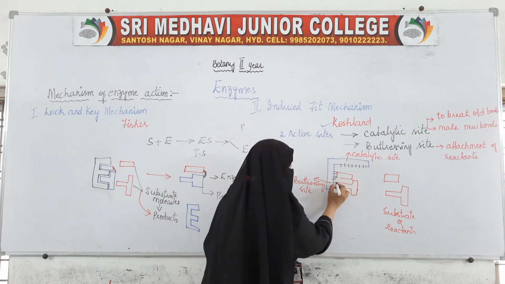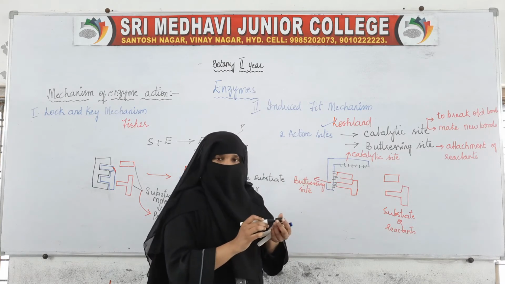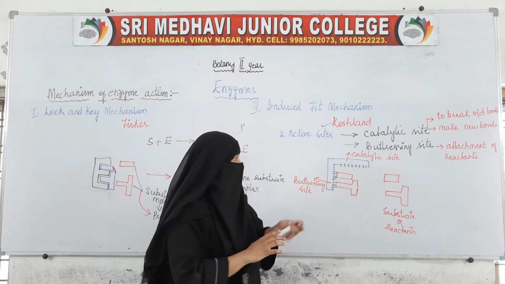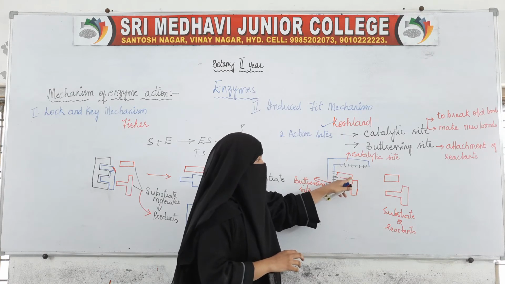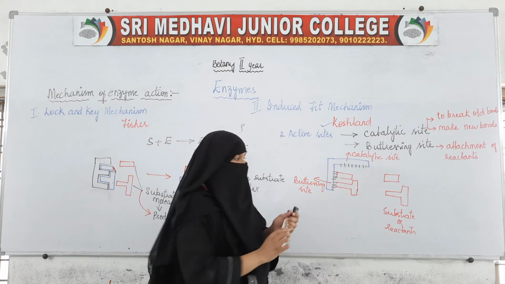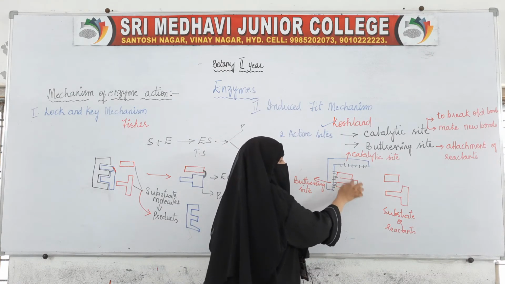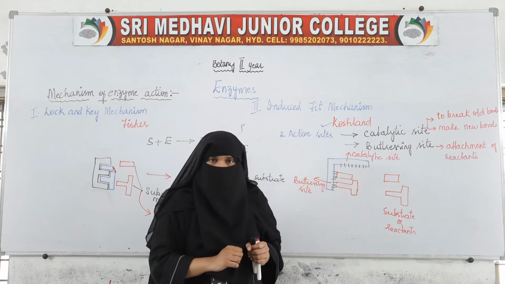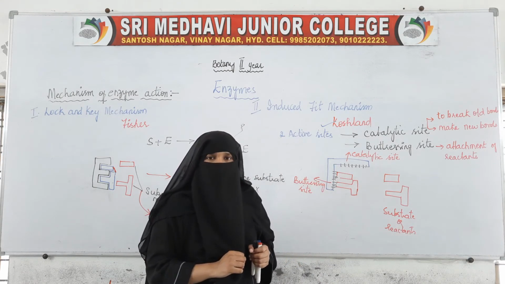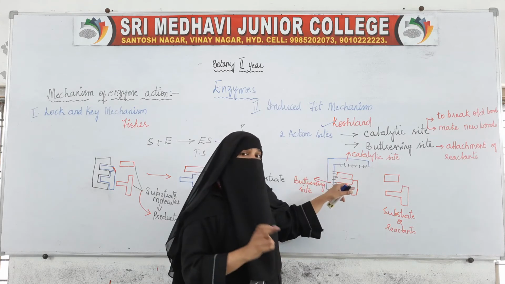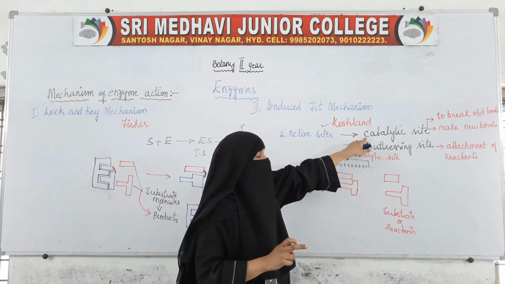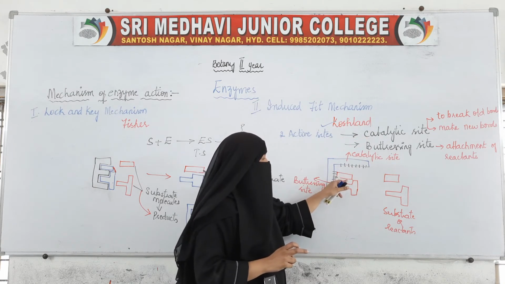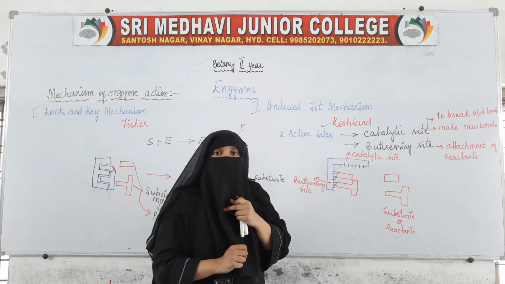Now what will happen? For this product to be formed, a bond has to be made in between them. So who will make or break the bonds? This catalytic site will help in the making of the bond.